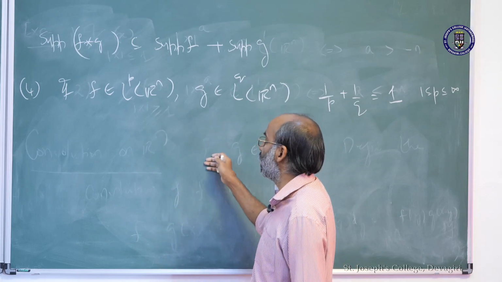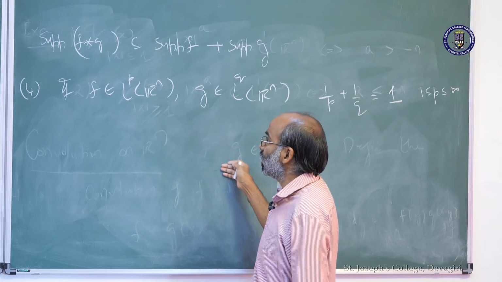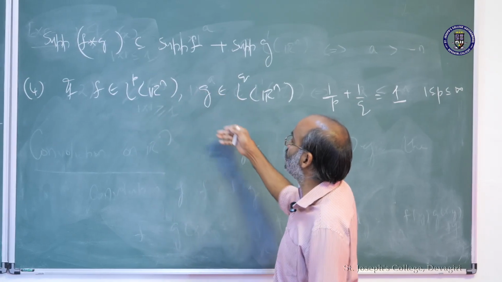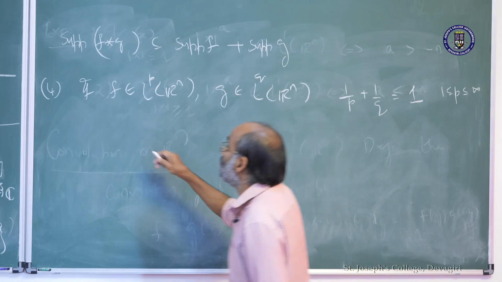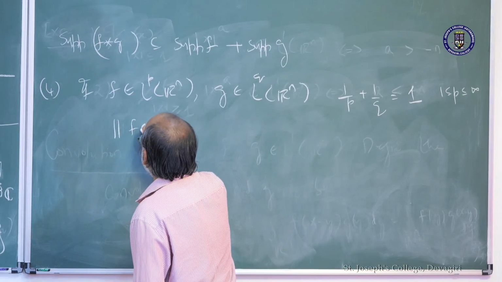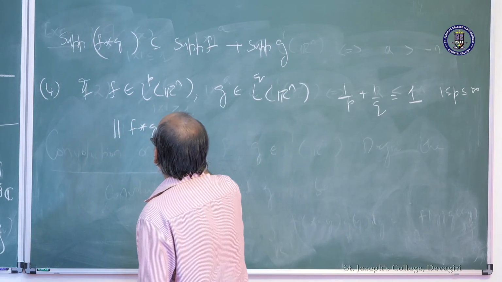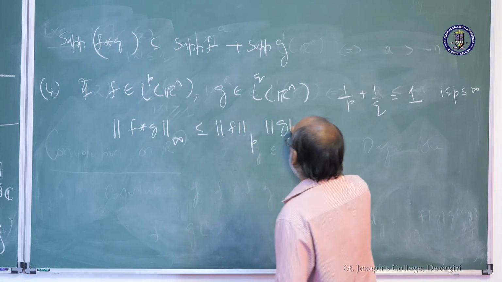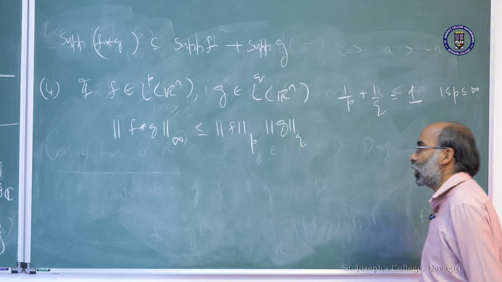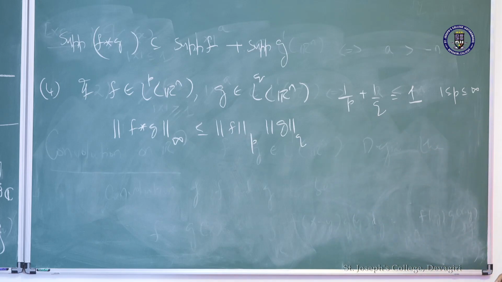Integral of f of x minus y g of y dy. f of x minus y is in LP, g is in LQ, so apply Holder's inequality, you will get a bounded function. Okay. So, the L infinity norm of f convolve with g is less than or equal to the LP norm of f times the LQ norm of g, right. This is simply Holder's inequality, there is nothing here.